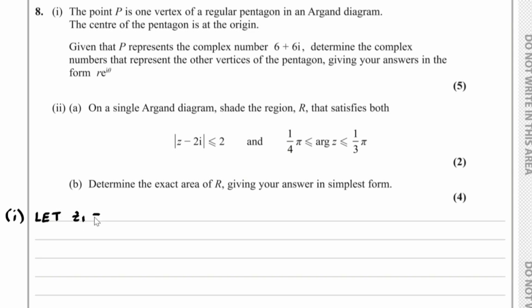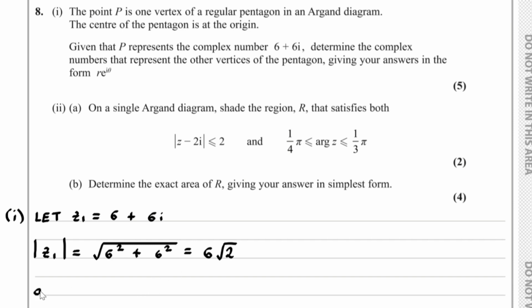For part i, if we find the mod of this complex number z, well, let's just say, let z1 equal 6 plus 6i, that means the mod of z1 is equal to 6 squared plus 6 squared square rooted, which is 6 root 2.